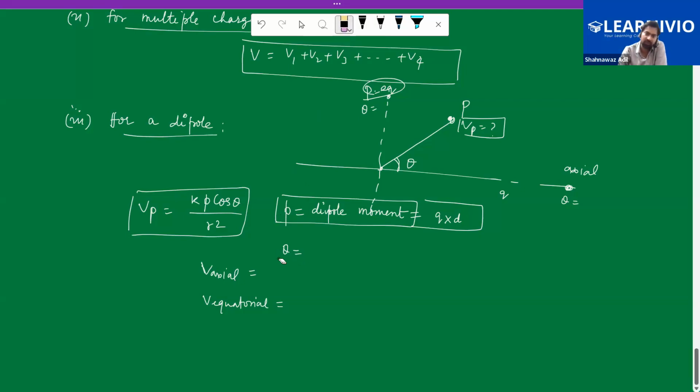Oh, why is this not erasing? Again, this.